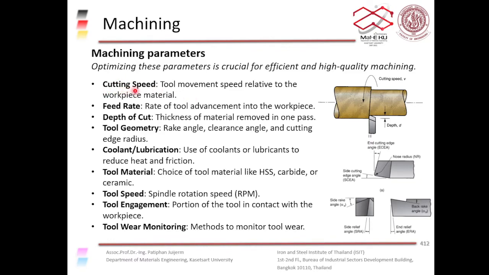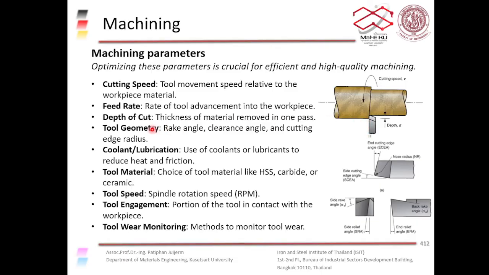The first parameter that you have to consider is the cutting speed. Cutting speed is the movement of the workpiece relative to the tool, or the tool movement relative to the workpiece.